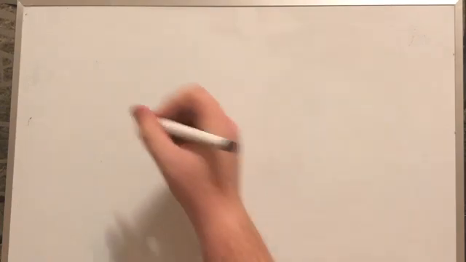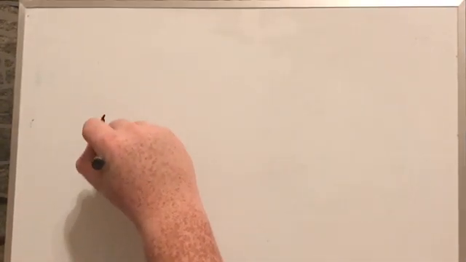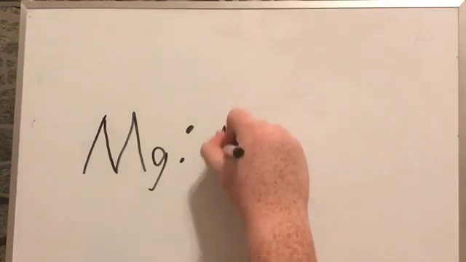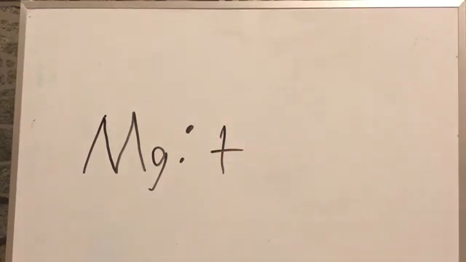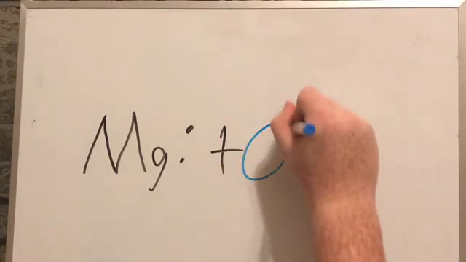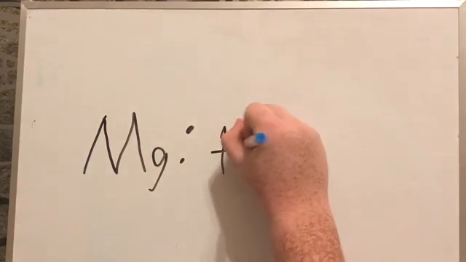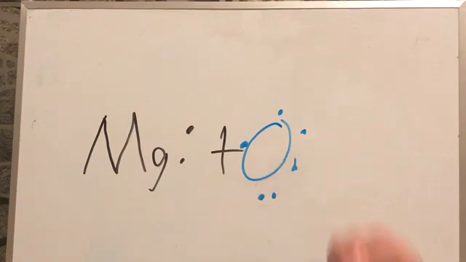So basically, we're going to get the metal. We're going to do magnesium because it has a +2 charge, meaning it has 2 valence electrons, plus oxygen, which has, as aforementioned, 6.